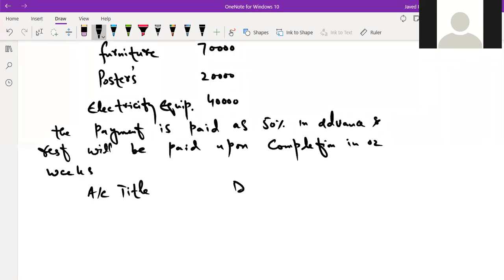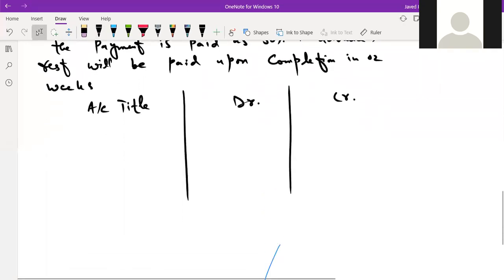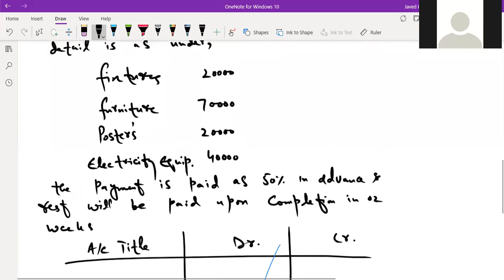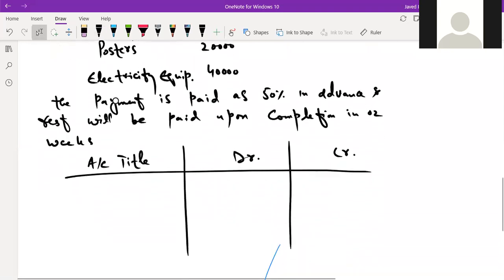Account title, debit, and credit. So your first account title obviously is going to be of short-term assets as well as expenses. Your fixtures are basically expenditures.